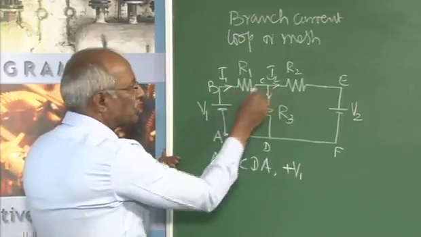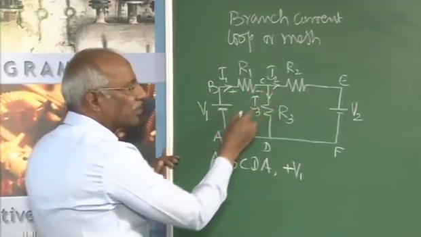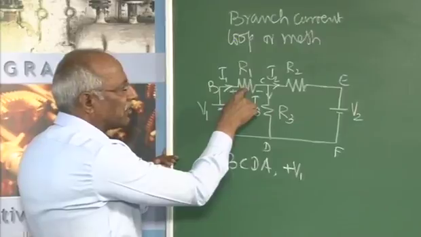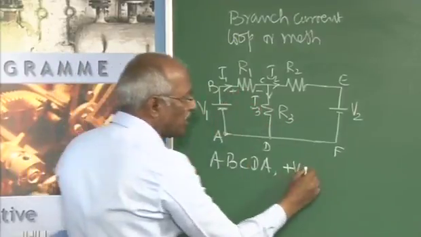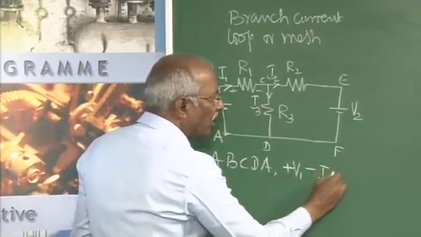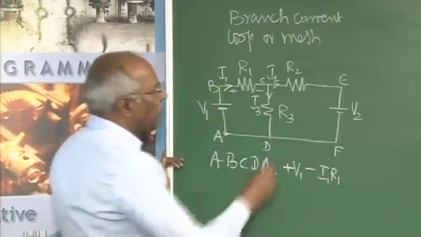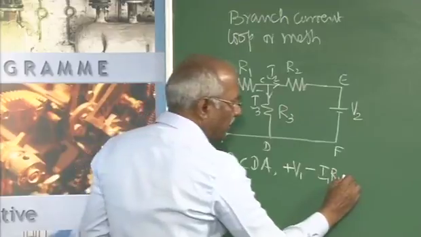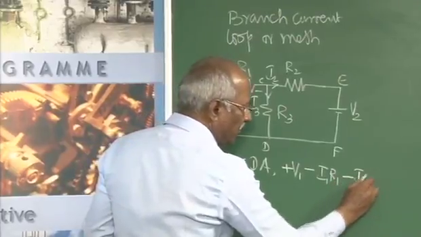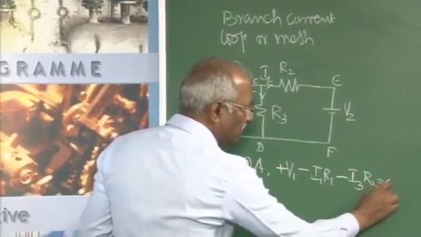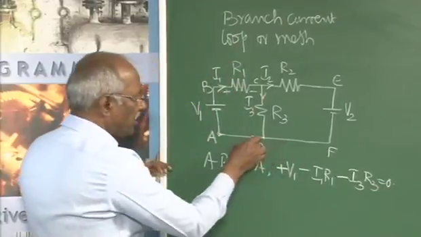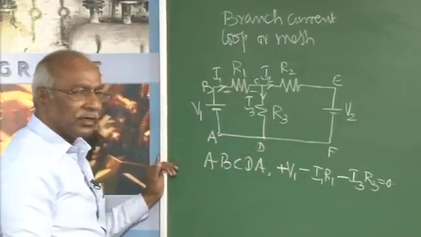Then as we move this way, we are moving in the direction of the current. In that respect, the drop across this can be taken to be plus to minus, means minus, that will be I1 into R1. Then when it comes to this one, it will be minus I3 into R3 equal to 0. When it comes to this point, there is no drop here, therefore it will be 0.